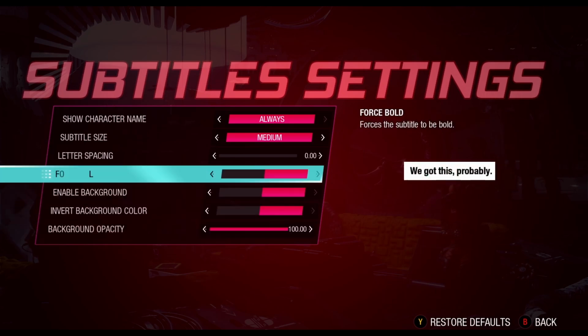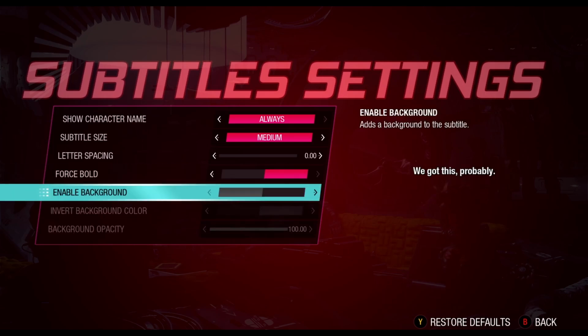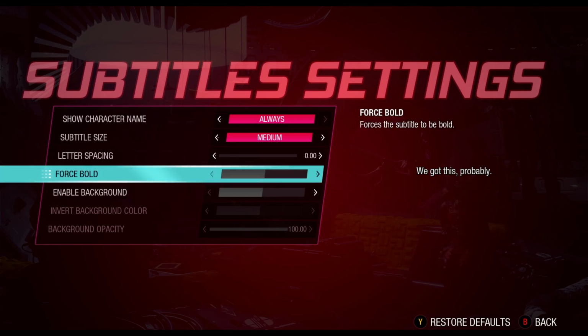Really important ones would be anything where there are large blocks of text. So item descriptions, subtitles, if you've got little stories placed throughout the world, those are places where being able to control the size of text is particularly important.